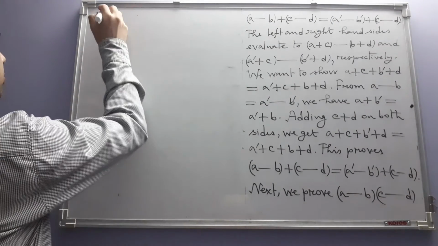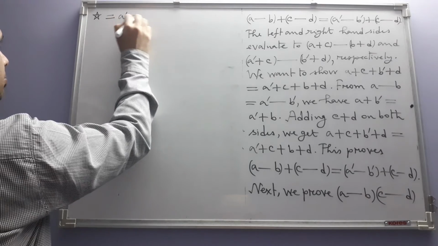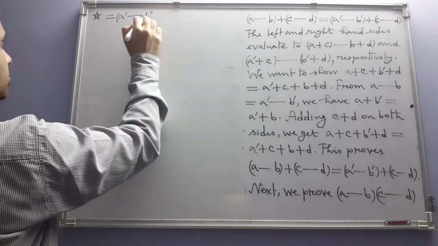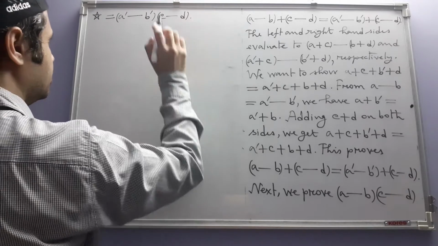This should be equal to a prime dash b prime times c dash d.